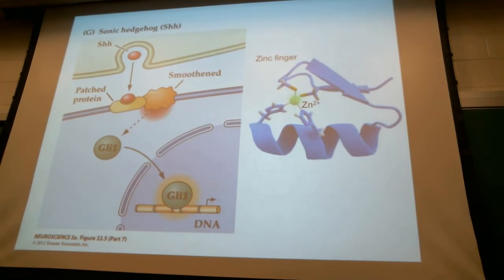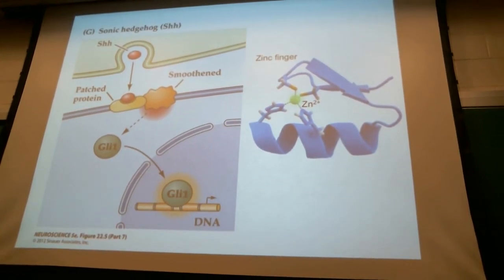And this DNA binding motif appears very often in different transcription factors. So if you hear zinc finger, then you will know, oh, that's a DNA binding motif. So V1 has that. Okay, so that's the ventral part signaling molecule.